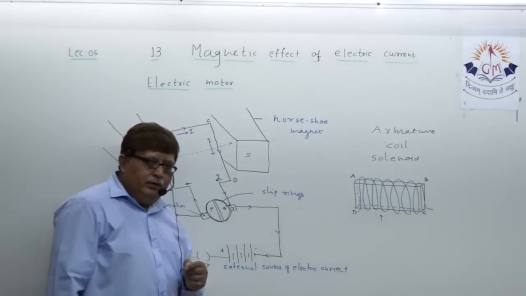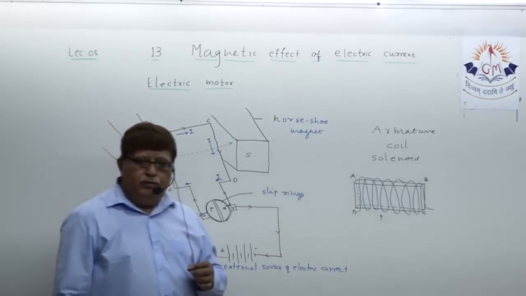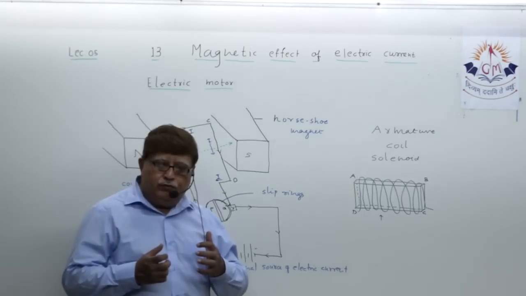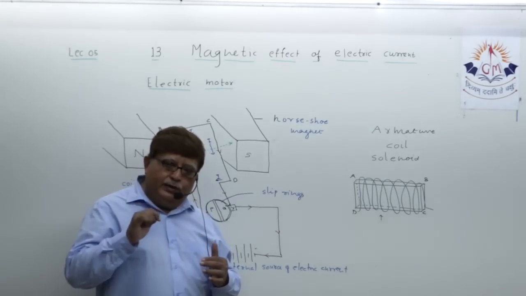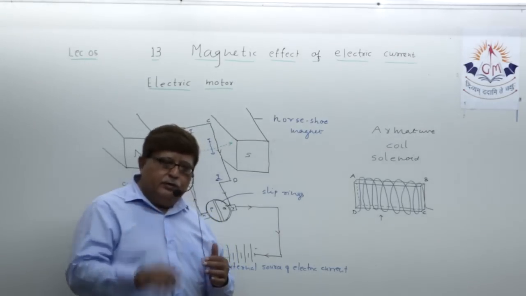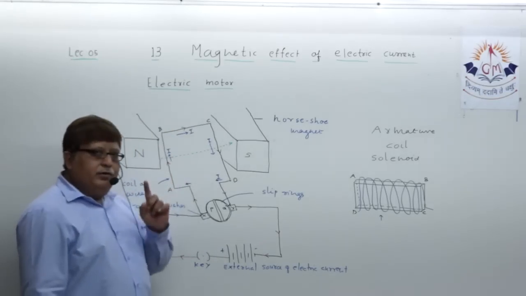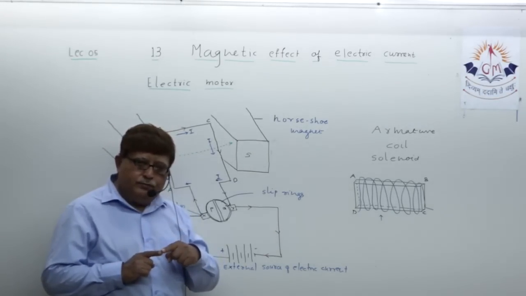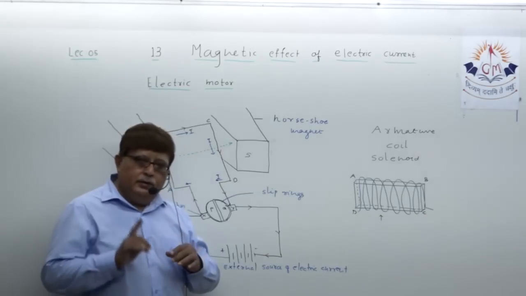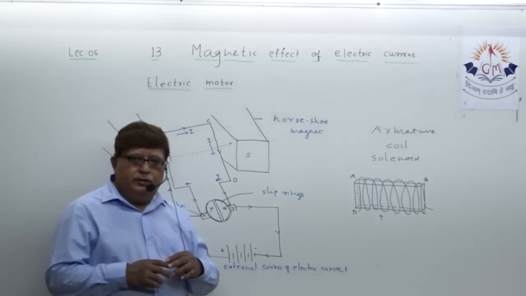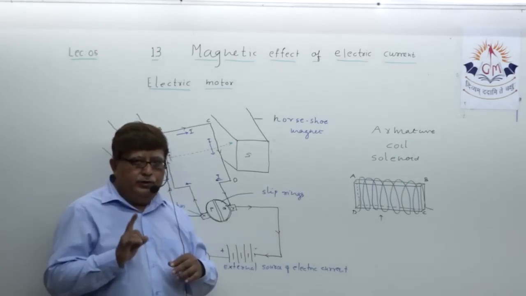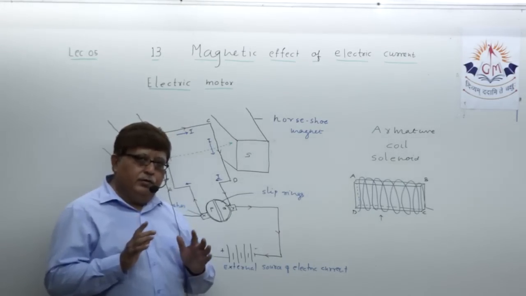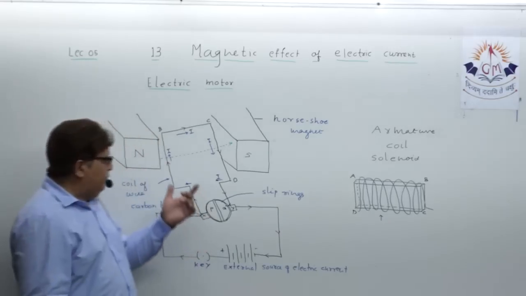And you know Fleming's left hand rule, for electromagnetic force to apply on the conductor, the direction of magnetic field and electric current has to be perpendicular to each other. On which edge are you seeing that?